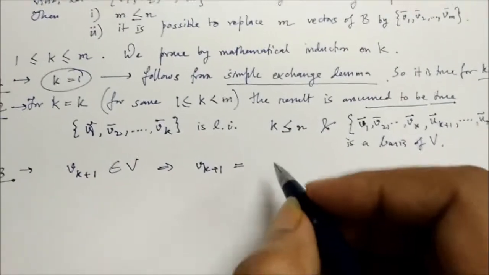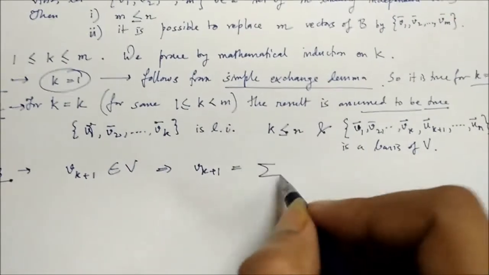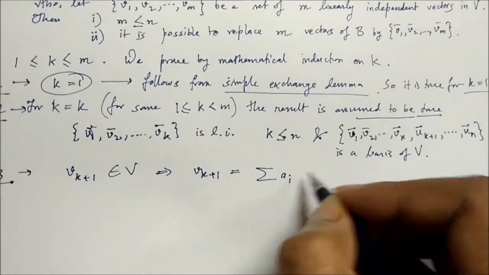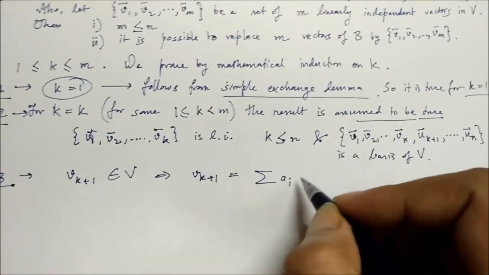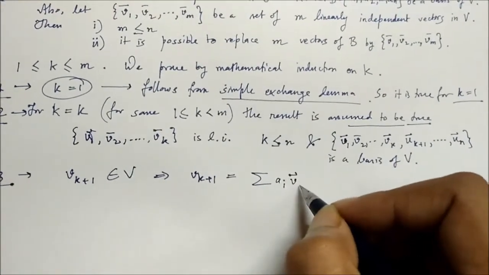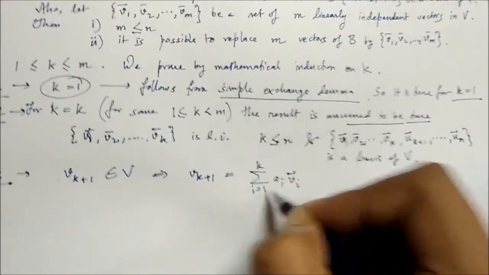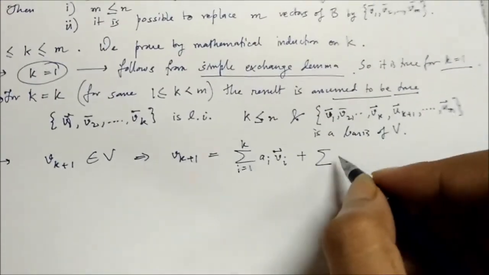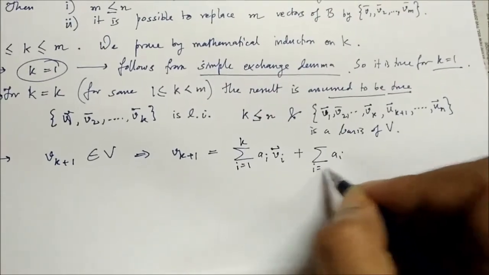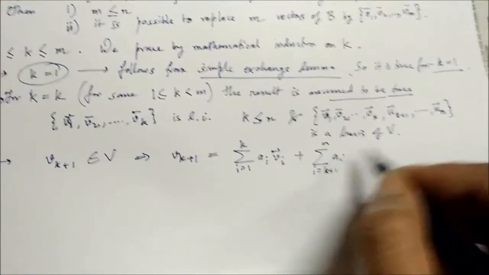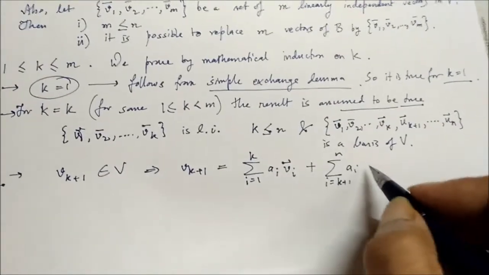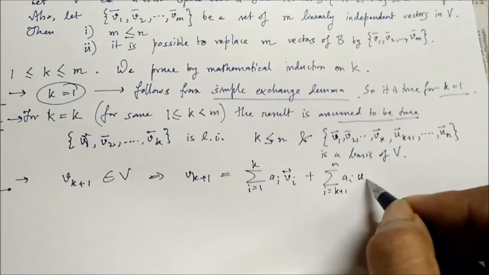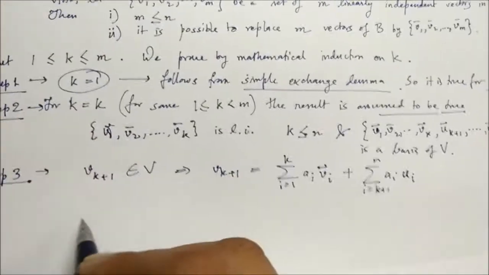If we want to write it, first there comes the k vectors v1, v2, vk, so a1 to ak, plus a k plus 1 to a n. Then comes the u type vectors, so uk plus 1, uk plus 2 up to un.